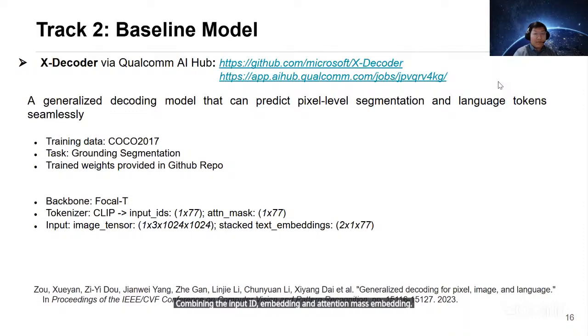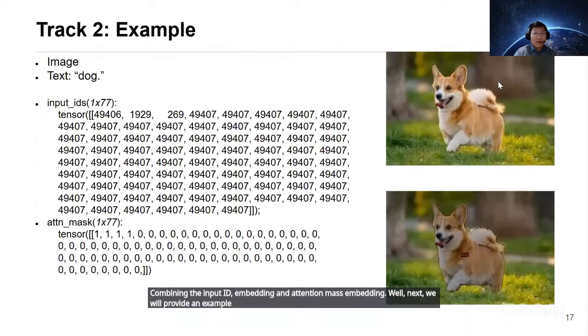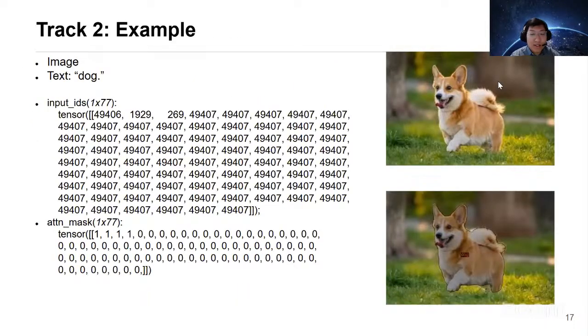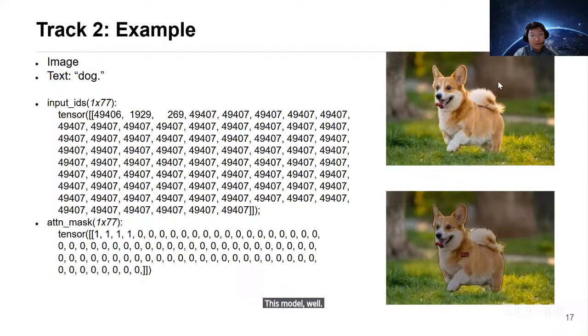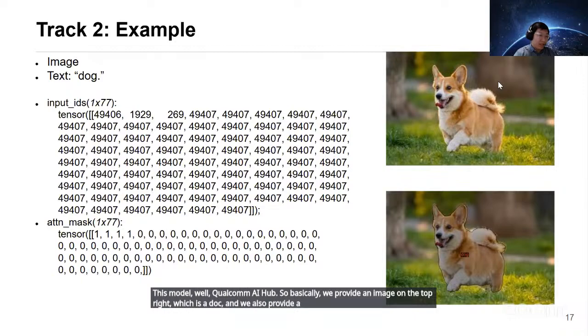Well, next, we will provide an example of how we test a single image on this model on Qualcomm AI Hub. So basically, we provide an image on the top right, which is a dog, and we also provide a text description, dog.